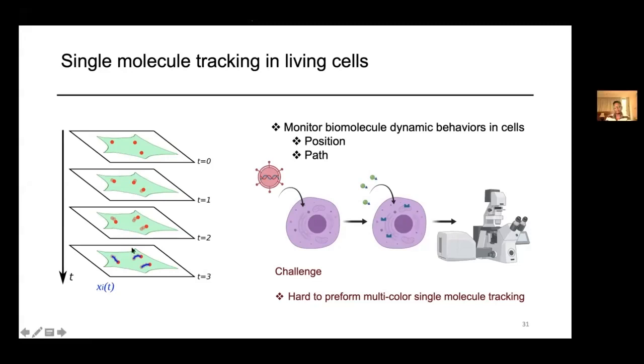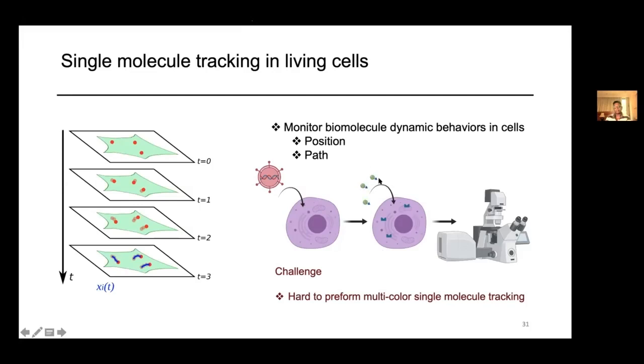And the standard protocol to perform single molecule tracking is not hard. We first need to genetically introduce a tagged target protein, and then we incubate to allow the protein to express, and then we incubate the transfected cells with a cell membrane permeable dye.